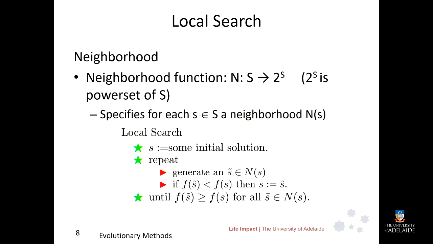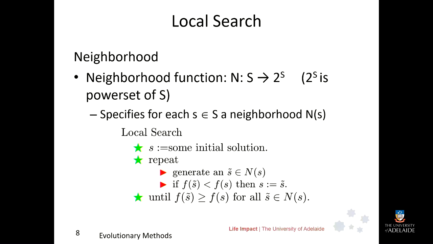Okay? So how should you choose a neighborhood? Let's say you're doing bit strings. Flipping, changing just one bit. Is that good? Just change a bunch of them into something that's alright.